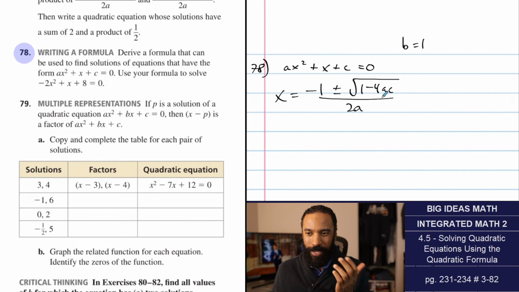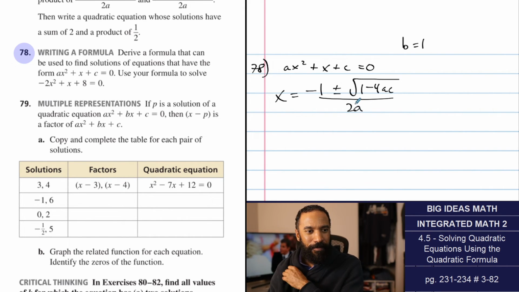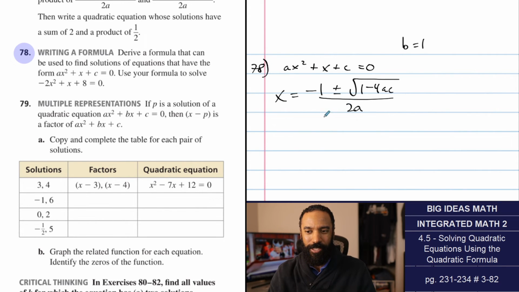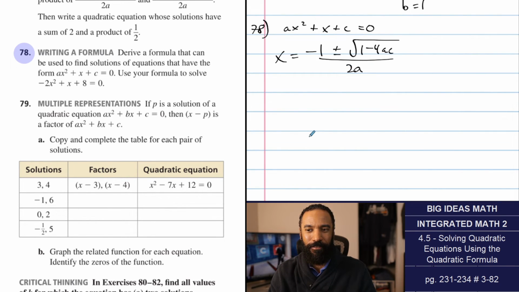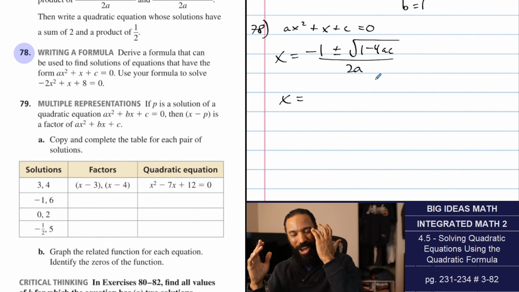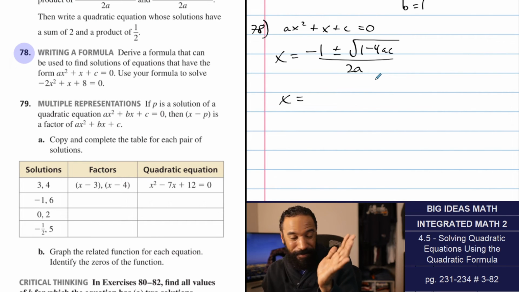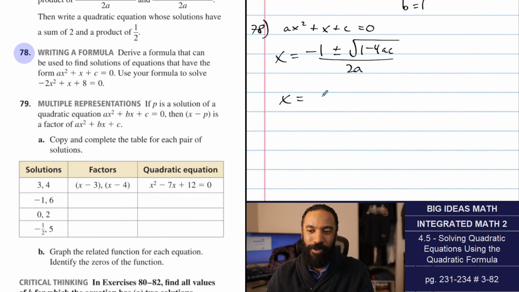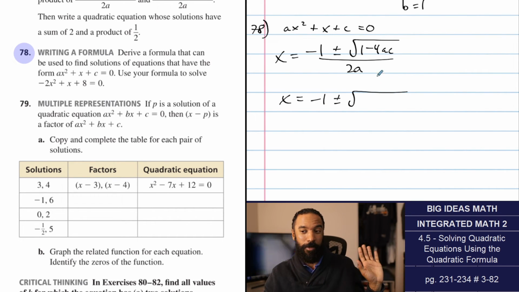So I don't know if this is plugging in 1 for b. Use your formula to solve this. So now I plug in that for a and that for c. All right. So it's quadratic formula. That seems good to me. x equals negative b plus or minus, excuse me, the formula is 1. There's no b.